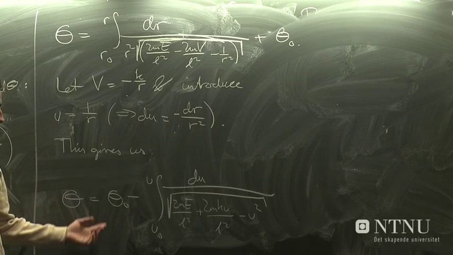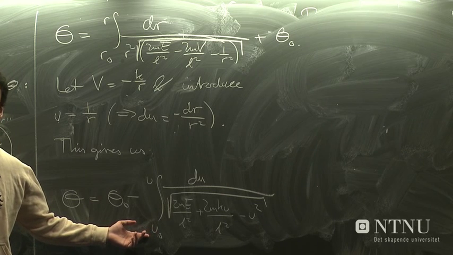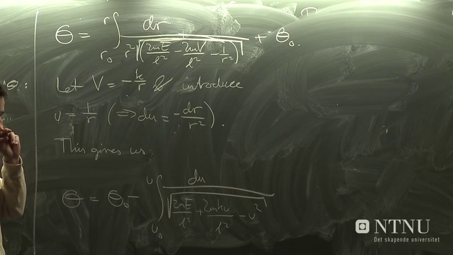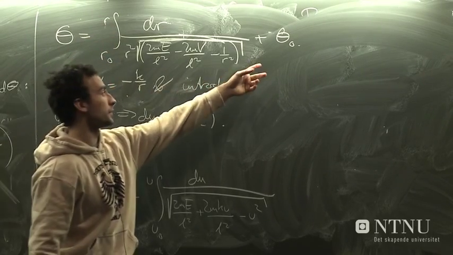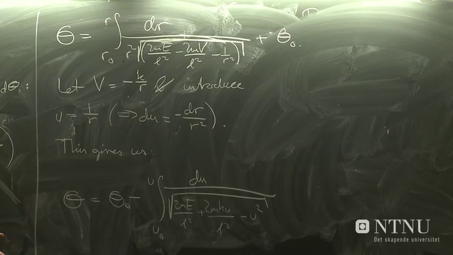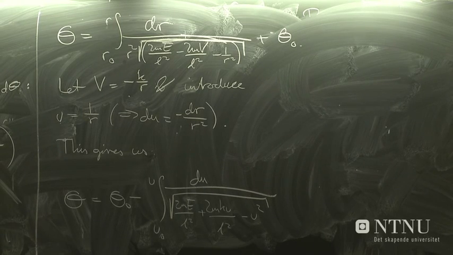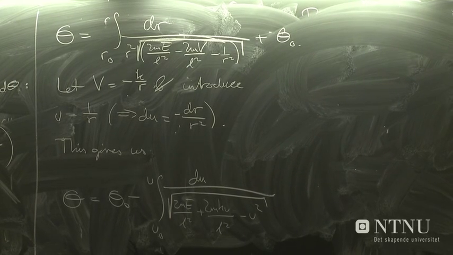Now, we've introduced two integration constants here. We're integrating from r0 to r, and so hence from theta 0 to theta. But we haven't said anything about what these initial conditions actually represent, what they are. They're just two constants so far.